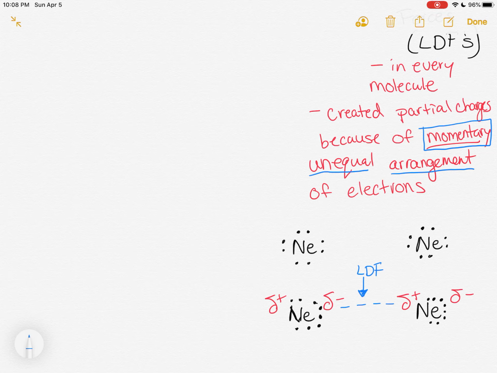So it's an unpredictable attraction between those partial charges. But LDFs are in every single molecule because all we need to have LDF forces is to have electrons. And every single molecule that we know of has electrons, so every single molecule has LDFs.